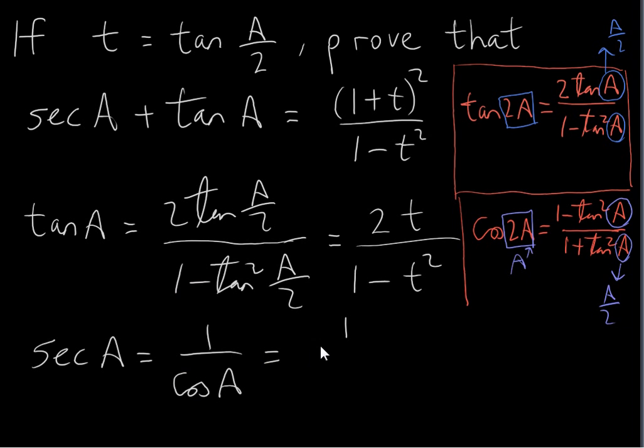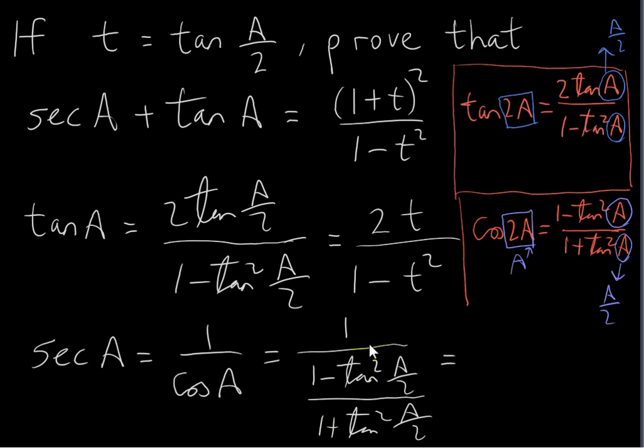So we want 1 over cos a, so 1 over this thing here, where a has been replaced with a over 2. So we've 1 divided by this. Well, that's the same as 1 multiplied by this thing inverted. Or you can multiply above and below by 1 plus tan squared a over 2.